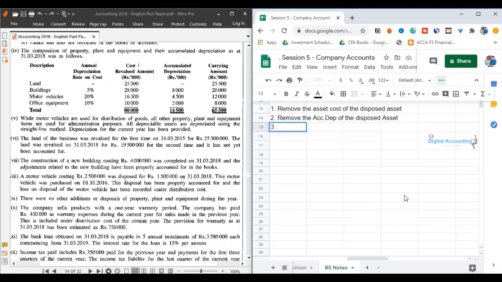The third consideration is to record the cash received in the disposal. So now we will draft the journal entry. First, we need to remove the asset cost of the disposed asset.